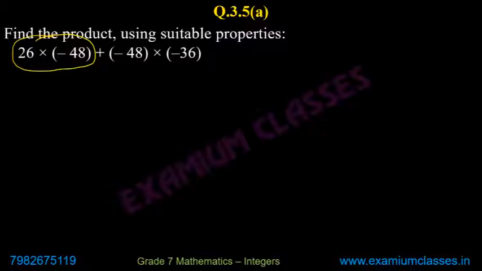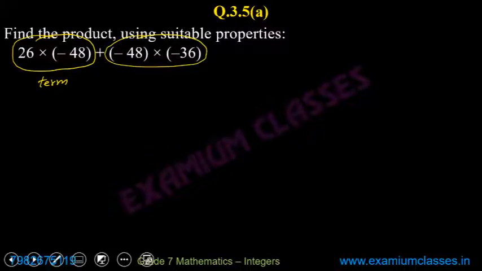So what I'm saying, this is one term because it does not contain plus or minus sign. This is one term because between these two, there is only multiplication sign. So this is another term. Between these two terms, there is plus sign. So that's why these two are different terms. In these two terms, minus 48 is common.